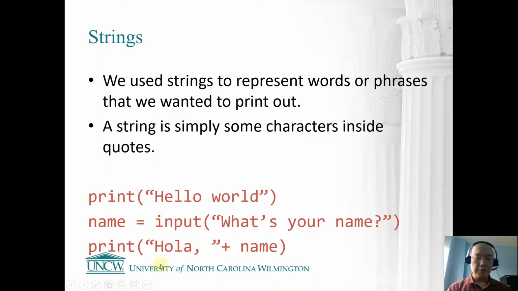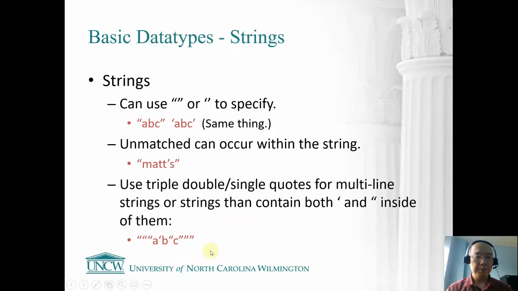Then if we want to do "hola, " plus the name, we will just print the person's name out, beginning with hola. If the person's name is Alice, we will say hola, comma, and then a space, and Alice, right?